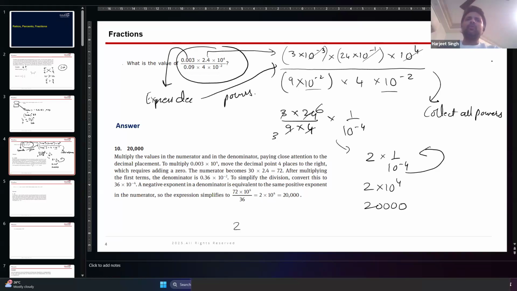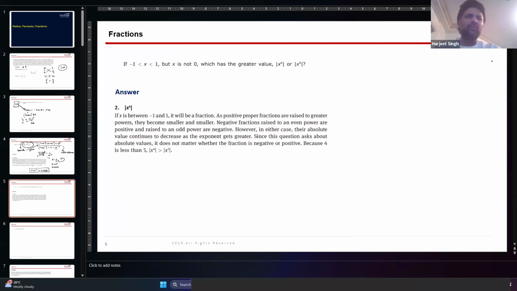If I were to write 2 into 10 to the power minus 4, it means there are 4 decimals, so this can be written as 0.0002. So these are some of the basics involving decimals and fractions. You might receive an easier question on decimals or fractions, and hence I'm just revising these concepts. Cool. Should I go ahead? Okay.